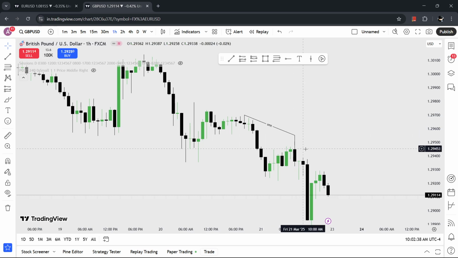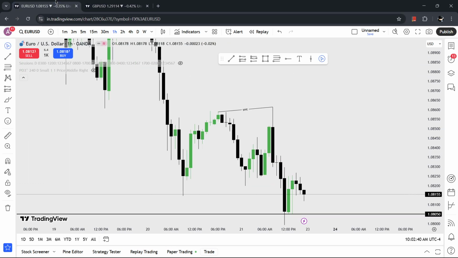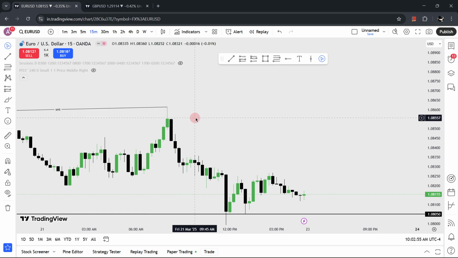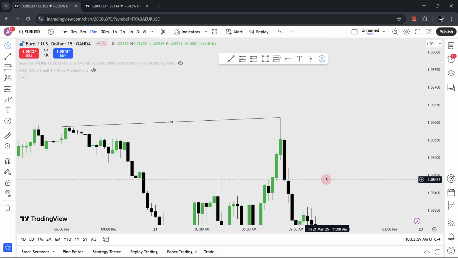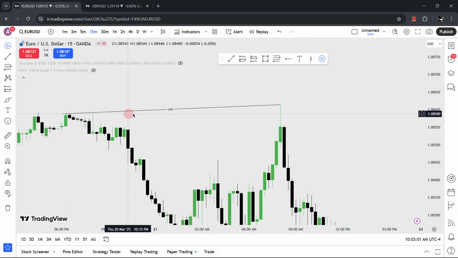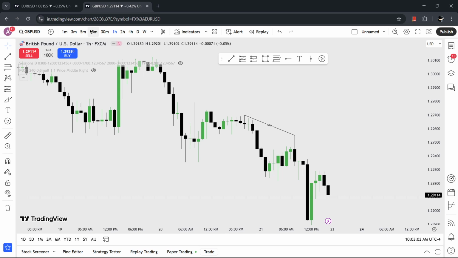It is likely to go down, but since I only trade Euro, I was opting for a trade up here. So we'll be going to the 15-minute chart for better analysis. We have that high taken out. Let's go to 15.